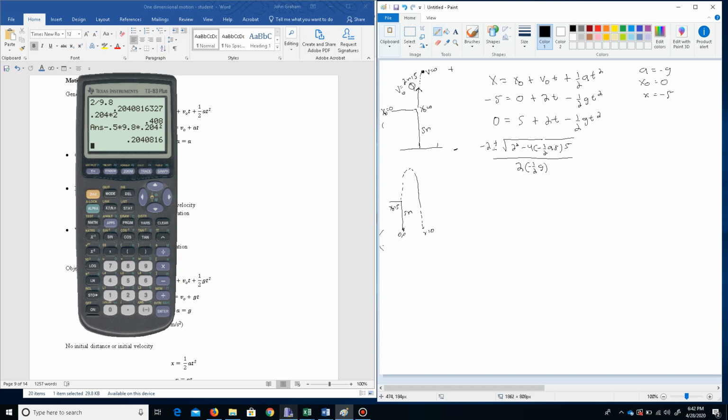I also can put this in the calculator. So either way would work. So I do 5 plus 2x minus 0.5 times 9.8 x squared.